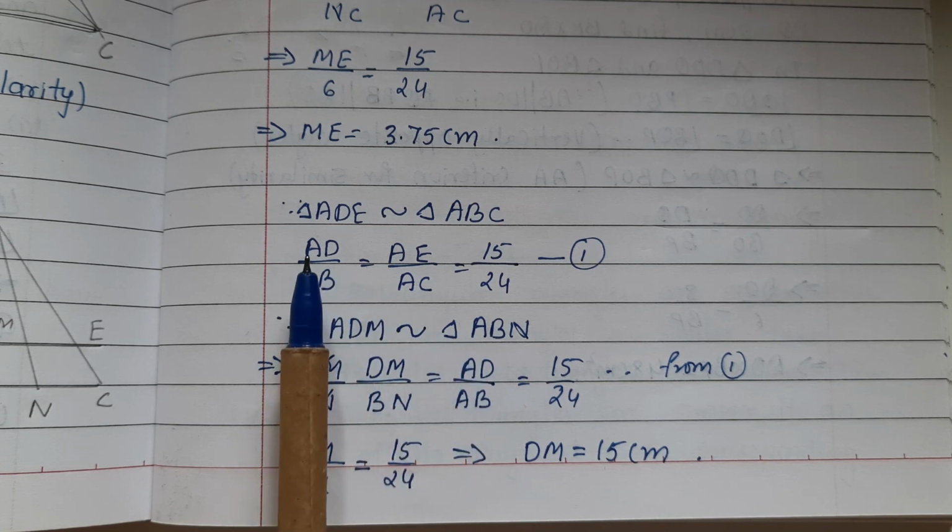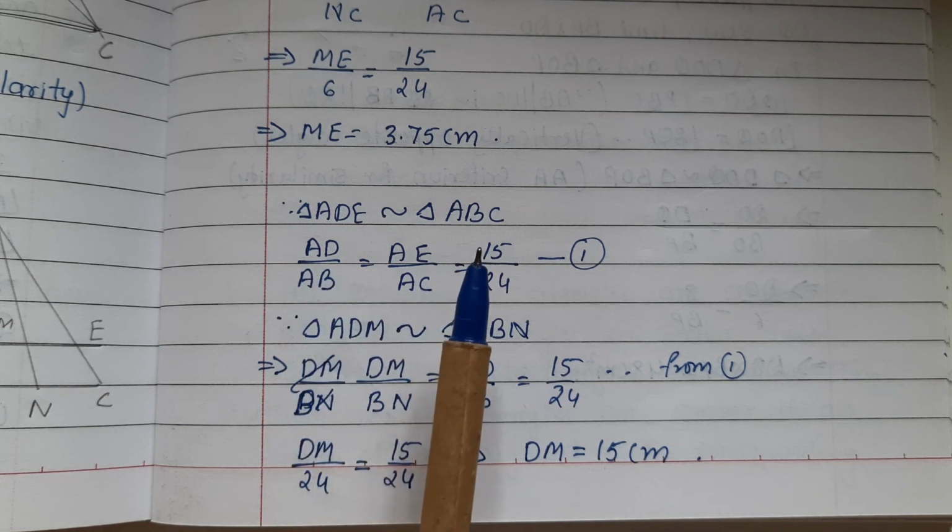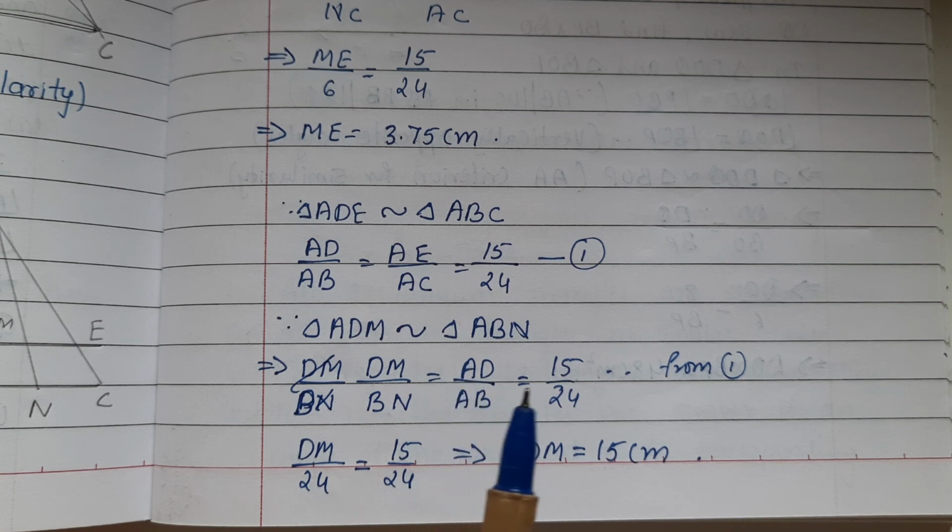But AD upon AB is equal to 15 upon 24. BN is 24. So we write DM upon 24 equal to 15 upon 24. Implies DM equal to 15 centimeters.